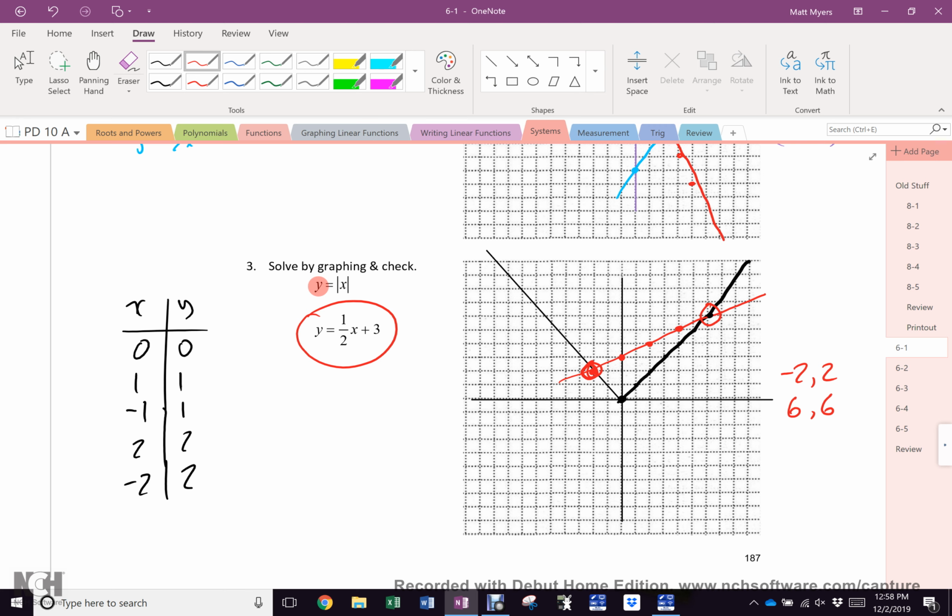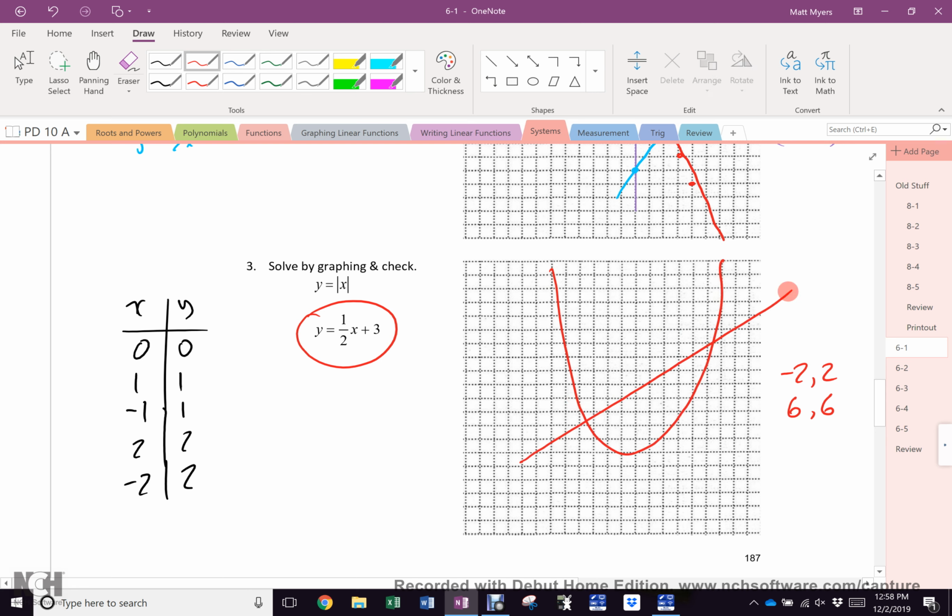Agreed? Now, what I mean by that is, what if I had something like this? How many solutions does that system have? 2. Good. How many solutions does that system have? 2. Excellent. How many solutions does that system have? 1.